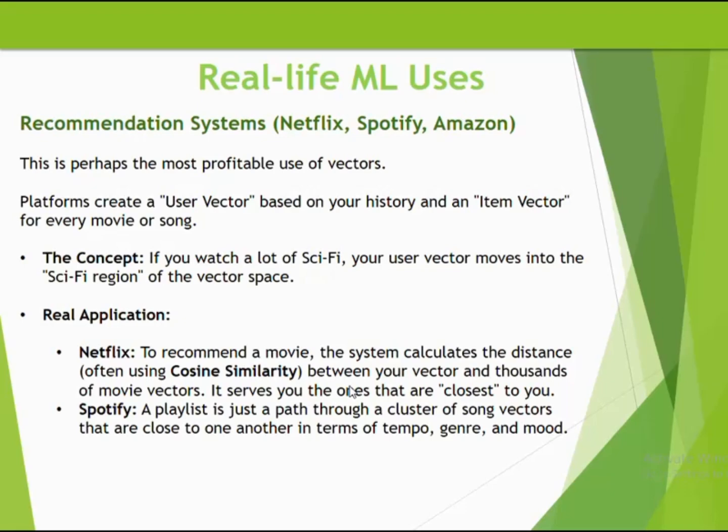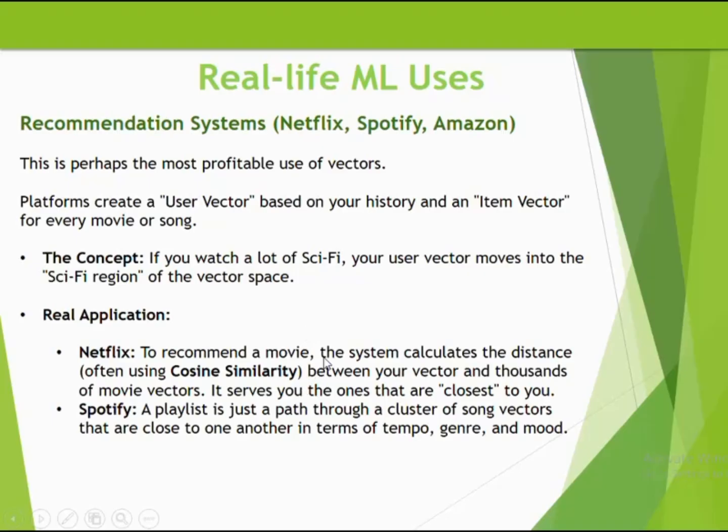Let us say a person is watching a lot of sci-fi movies, the user vector will move into the sci-fi region of the vector space. And what exactly is the real application of that? If we take the Netflix example, let us say Netflix has to recommend a movie to a person who is watching a sci-fi movie.